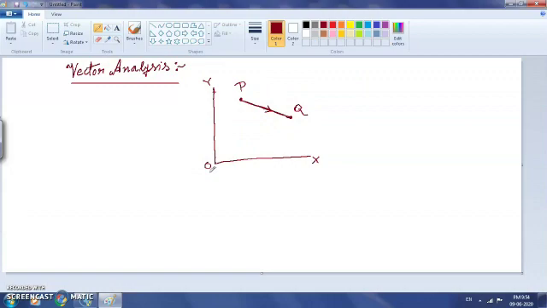Another thing, that is the position vector. Now we are going to discuss the position vector. The vector from O to P will be the position vector of P, and for Q the position vector will be here.